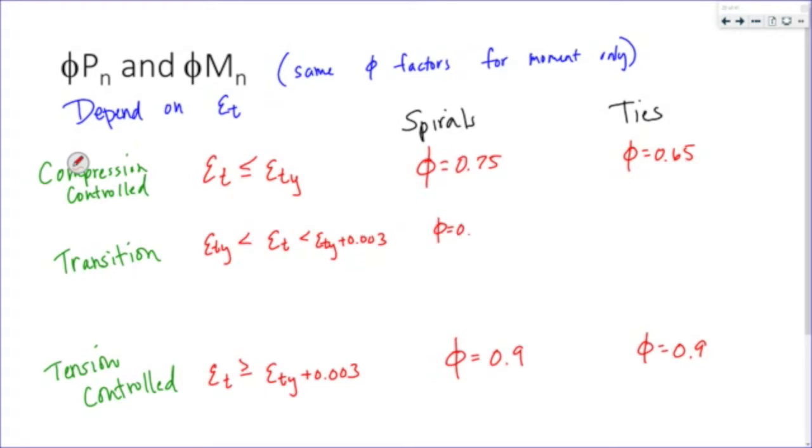Phi equals 0.75 plus 0.15, or the same comparable equation with the ties, but you start at 0.65 and you increase by 0.25.